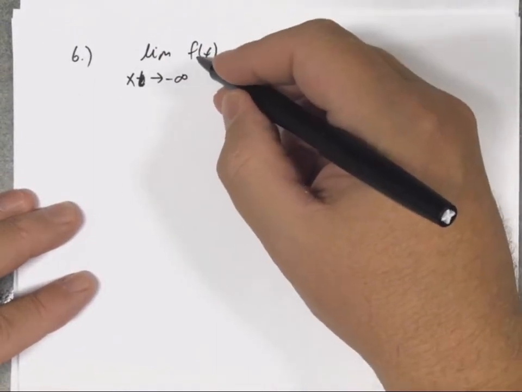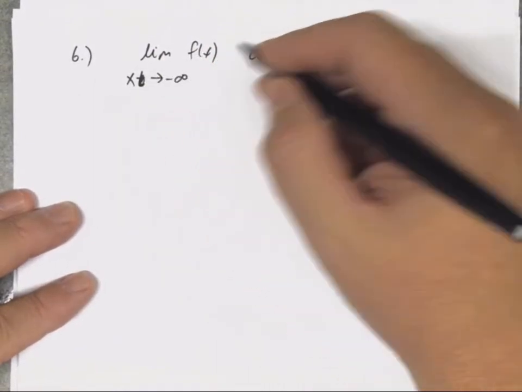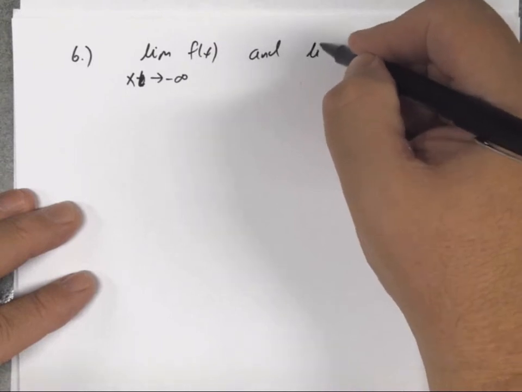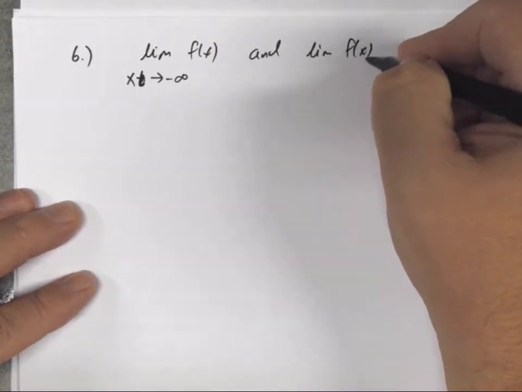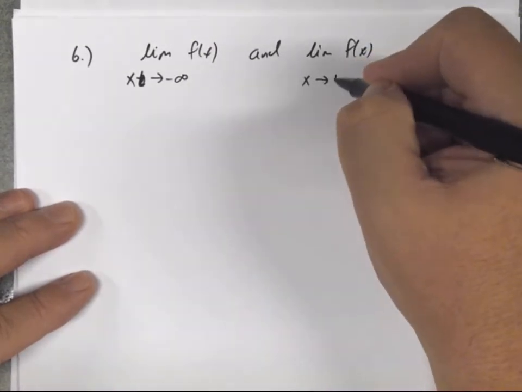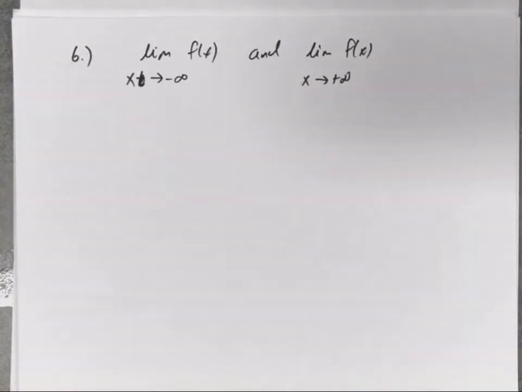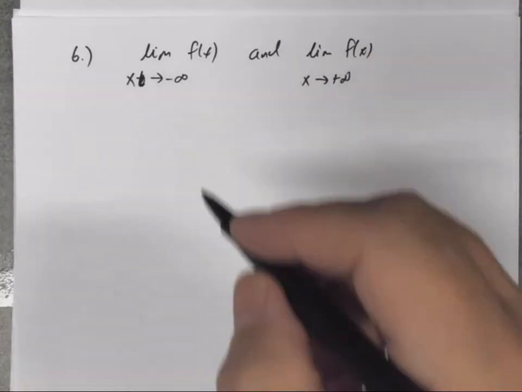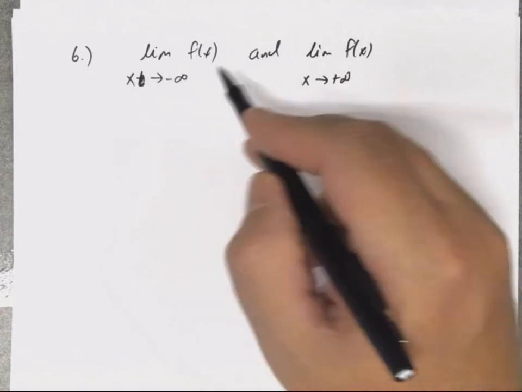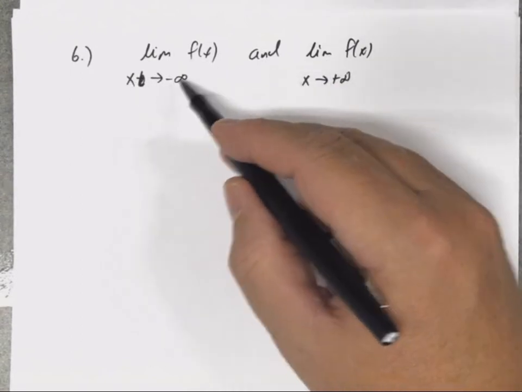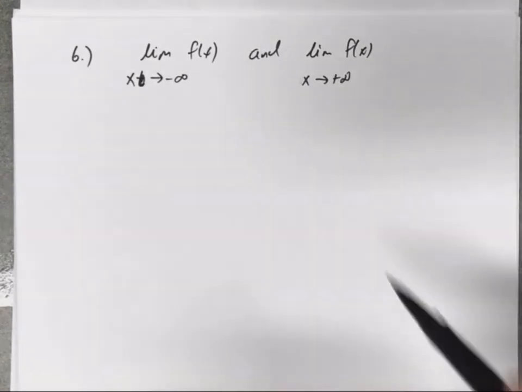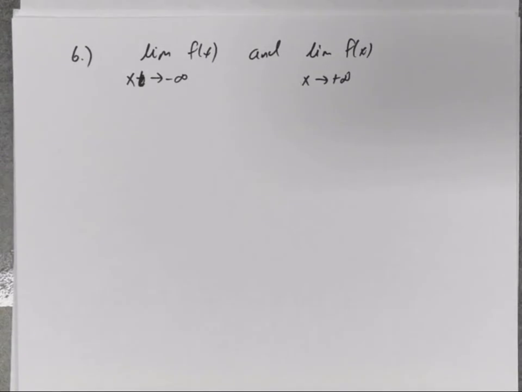Find the limit of f of x as x approaches negative infinity. In the notes, instead of putting x's, I put t's for some reason. This one I call negative infinity, this one I just have as infinity, although that's the same as positive. So hopefully everybody's able to figure that out.